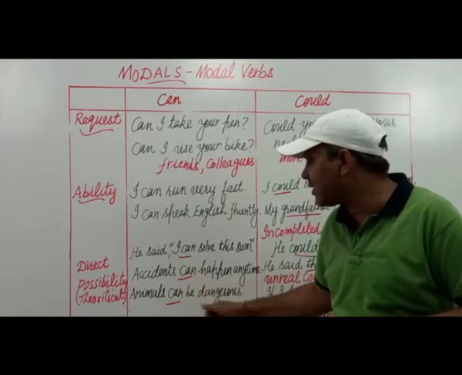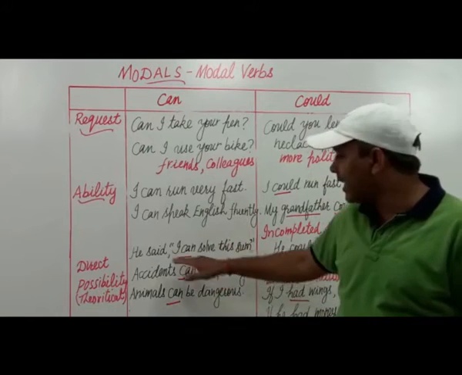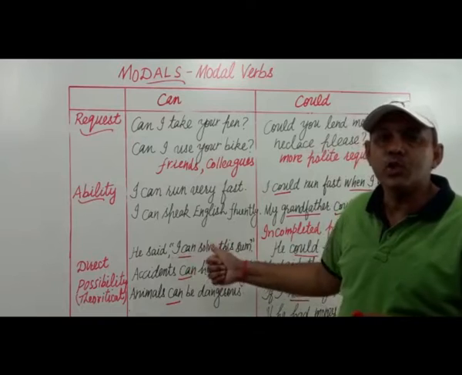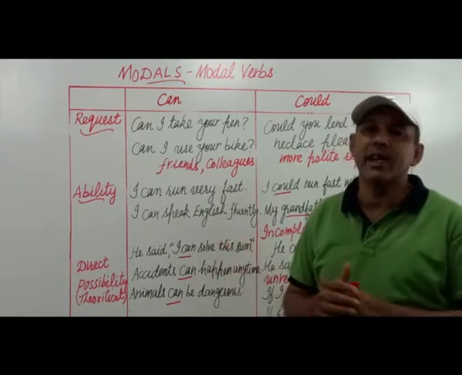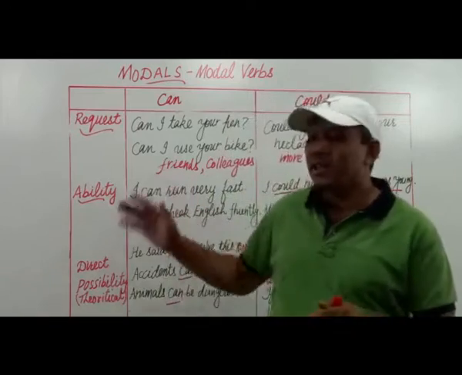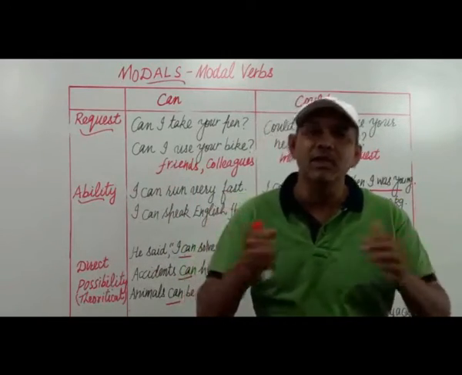Animals can be dangerous, accidents can happen anytime in this way. And in direct speech, if can is used as a modal verb, use could in case of indirect speech. In this way, we have discussed the uses of can and could as modal verbs.